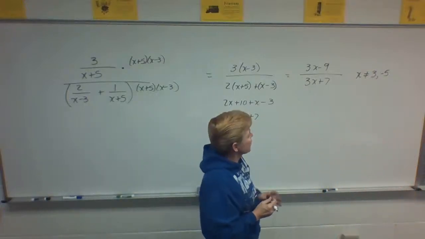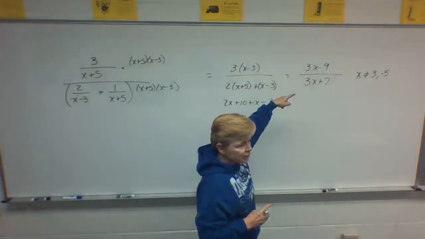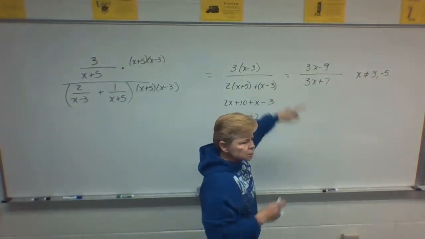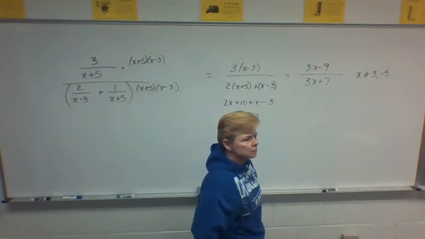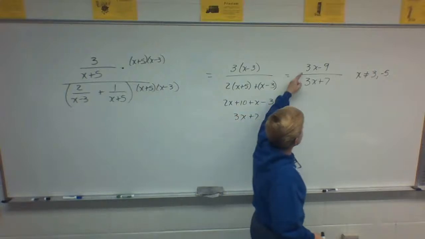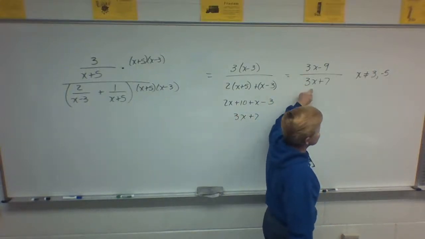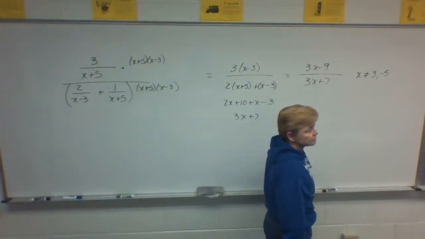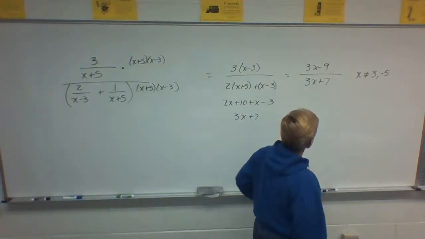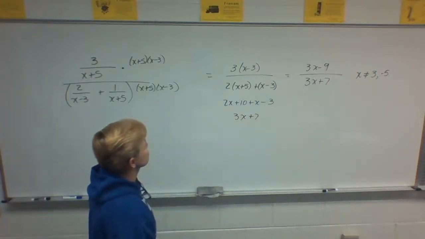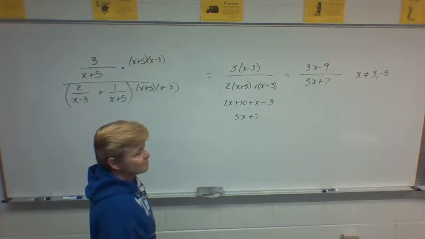I forgot one thing. I can cancel that 3x with that 3x, right? No! You cannot cancel these. These are terms. Do not fall for it. This is done. So, on the second step, why don't you just cancel the x minus 3?